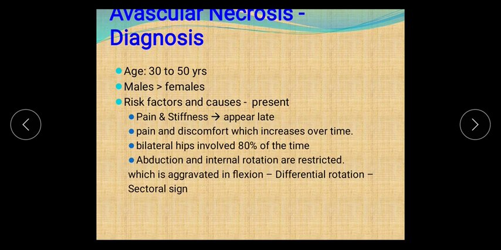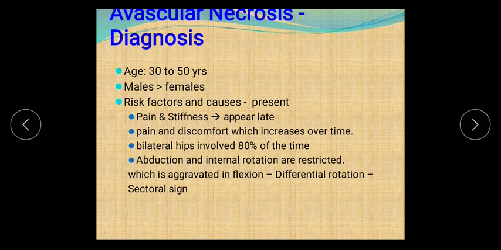What are the clinical features of AVN? I'll be telling about idiopathic AVN, that is non-traumatic AVN. Age is 30 to 50 years, more common in males. Presence of risk factors and the causes will be present, such as alcohol consumption, steroid abuse, and other things which I had discussed earlier.